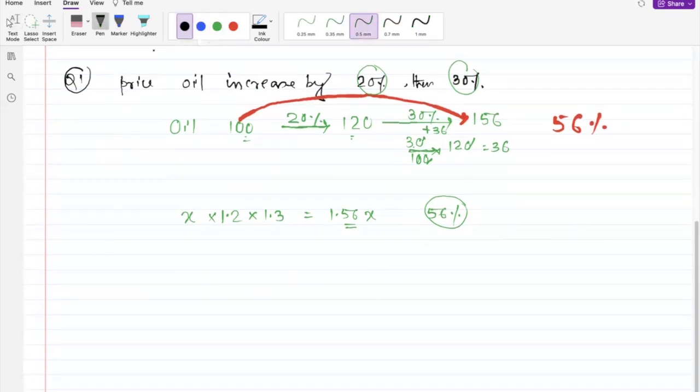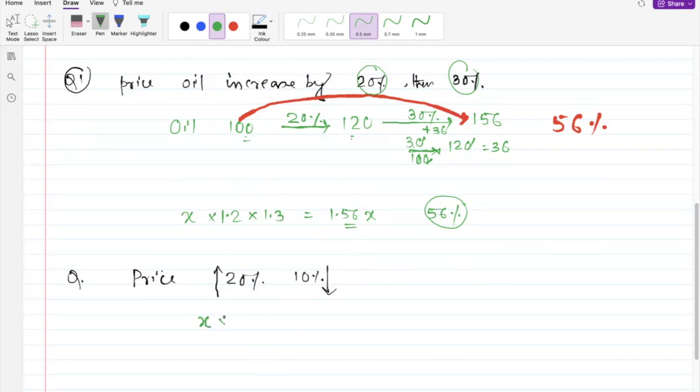Look at the next question. Say the price of oil increased by 20%, and then it reduced by 10%. So increment as well as reduction. To solve this, I'll now use multiplying factor directly.